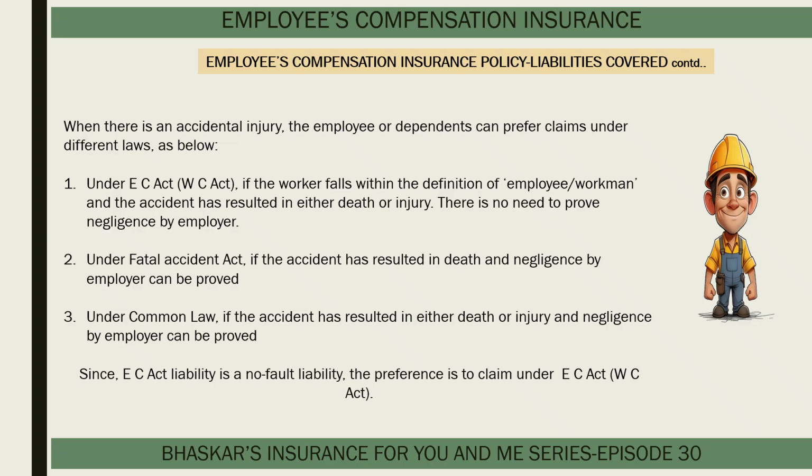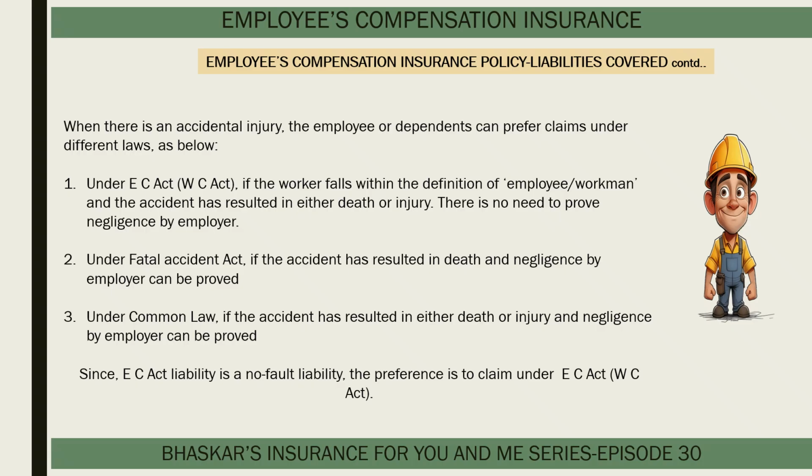So, when there is an accidental injury, the employee or dependent can prefer claims under different laws. Under EC Act or WC Act, if the worker falls within the definition of employee or workman, and the accident has resulted in either death or injury, there is no need to prove negligence by the employer for claiming under Employee Compensation Act.